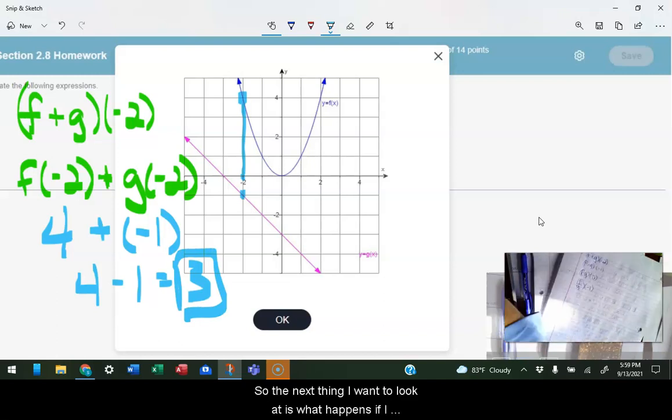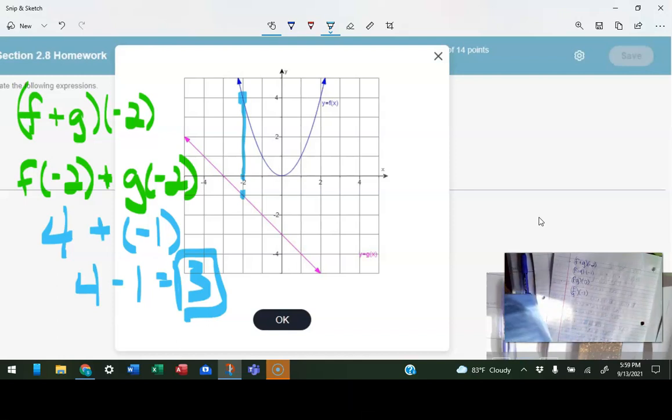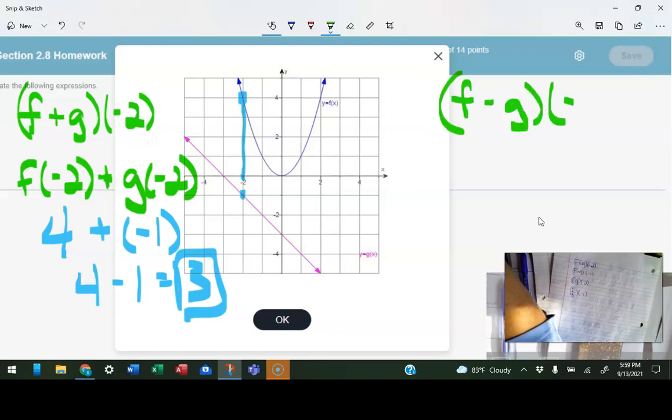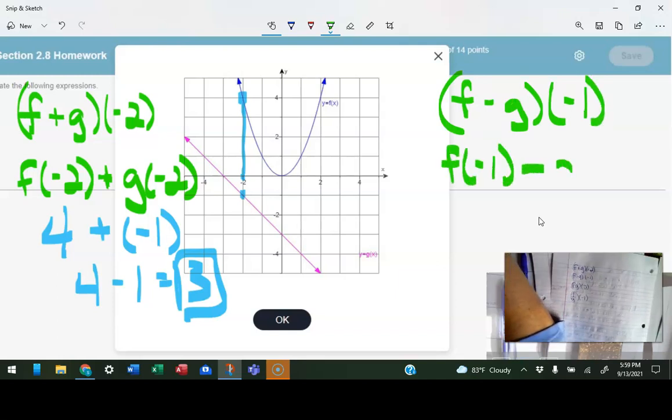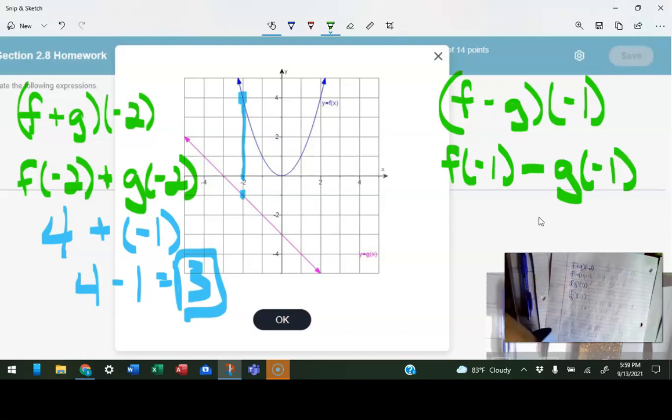The next thing I want to look at is what happens if I have f minus g at -1. So I have f minus g at -1. What that really means is f of -1 minus g of -1. So I'm going to erase this stuff and we're going to go to -1.